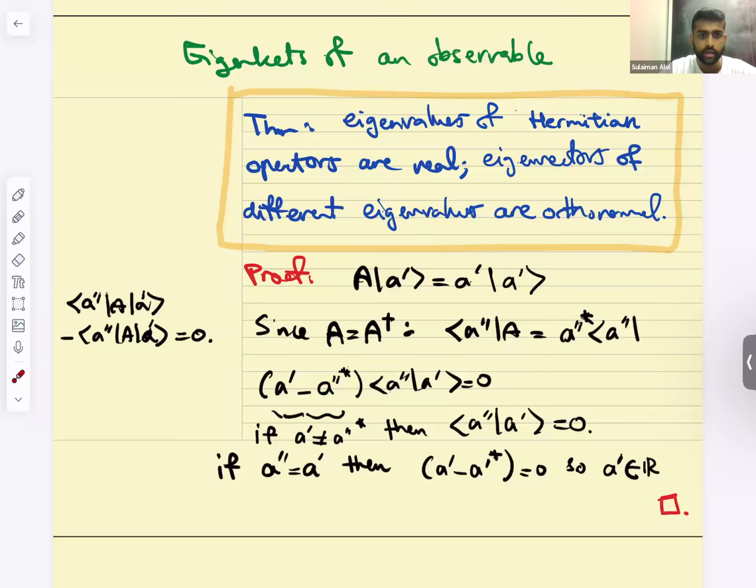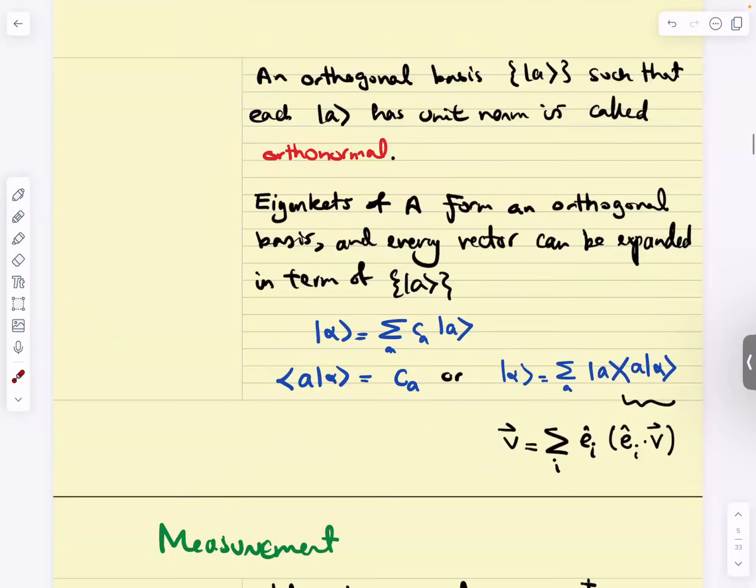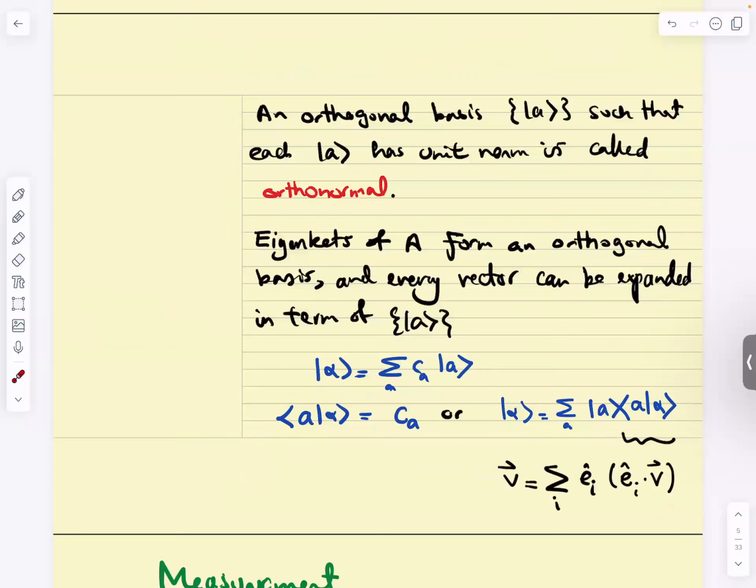Got it. The notation is ultra compact, but I assure you that it really, really helps. It takes some getting used to, but it's very convenient notation. Of course, if you have degeneracies, it gets really messy.